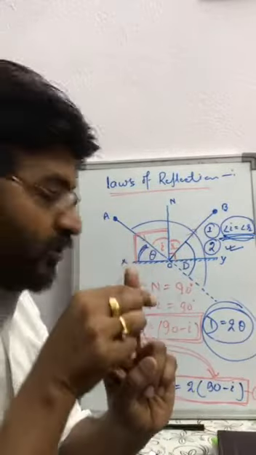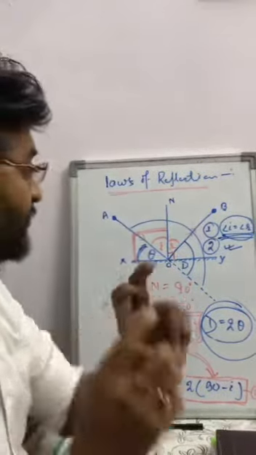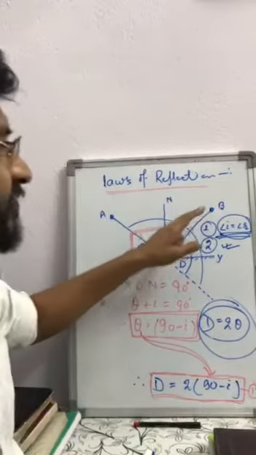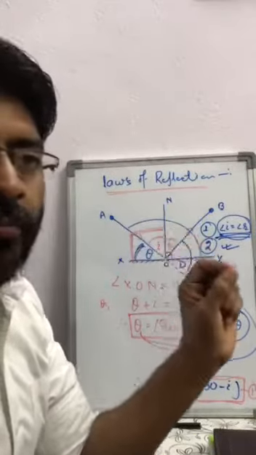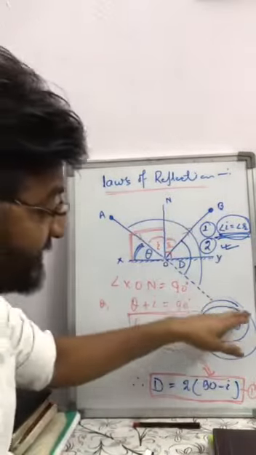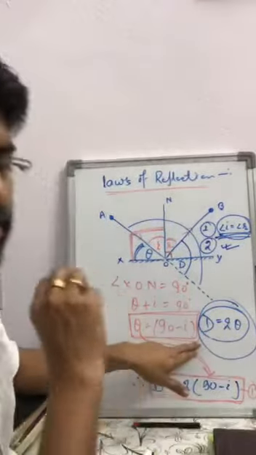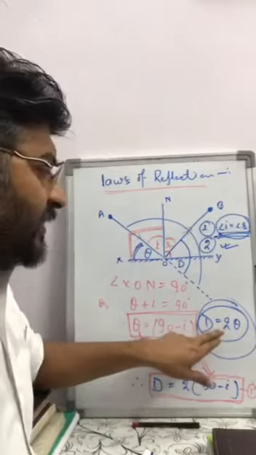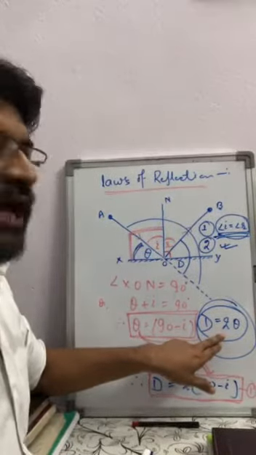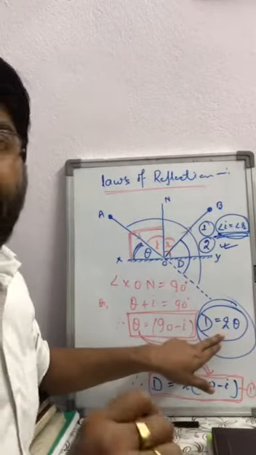According to the second law, the incident ray, reflected ray and normal have a single common point. And it is just a property of a regular reflecting surface that the angle of deviation is always equal to 2 times the angle of inclination.